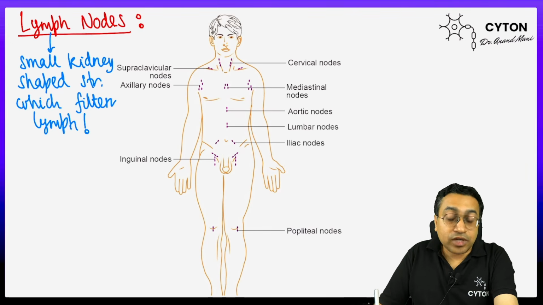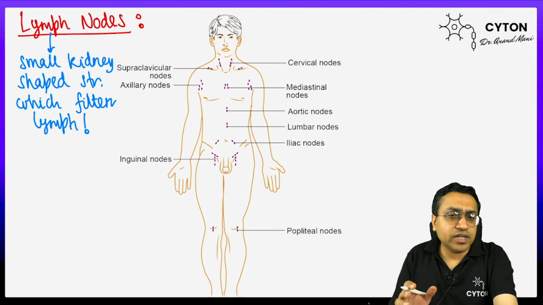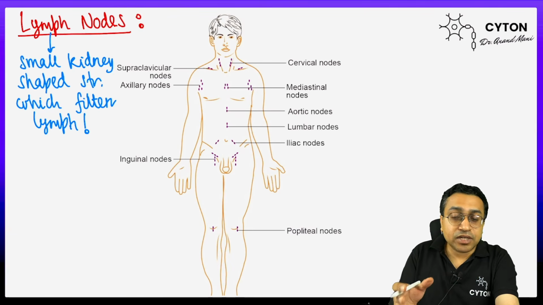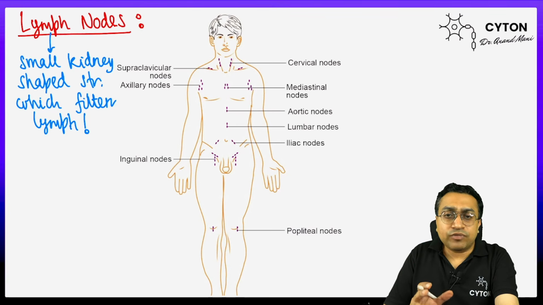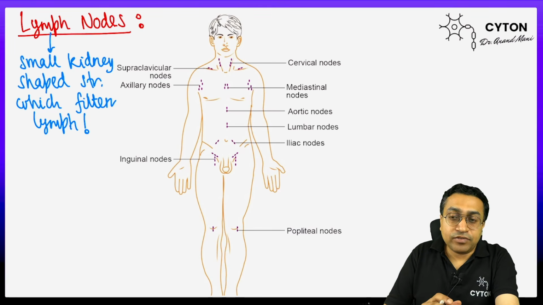There are about 450 lymph nodes in the body, out of which 60 to 70 are in the head and neck and upper limb region, 100 are in the thoracic region, and about 250 are in the abdomen and pelvis and the lower limb.